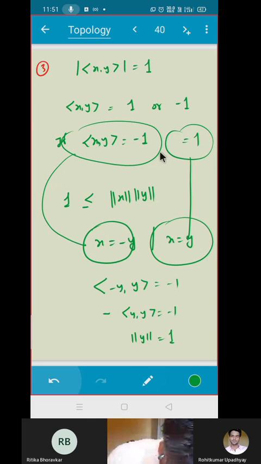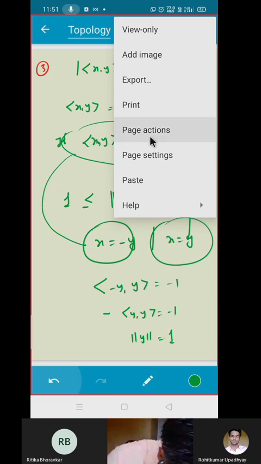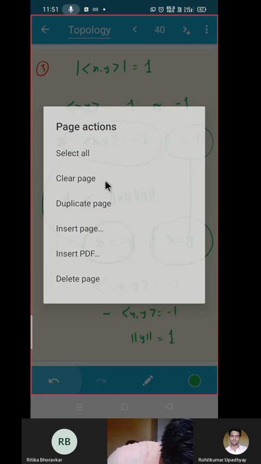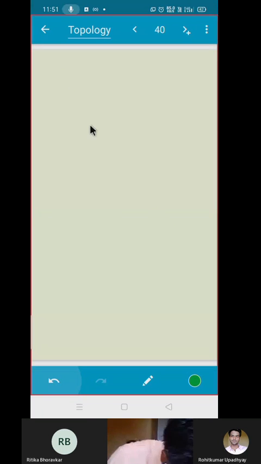See, now let me just erase this. Sir, can't we prove in general?